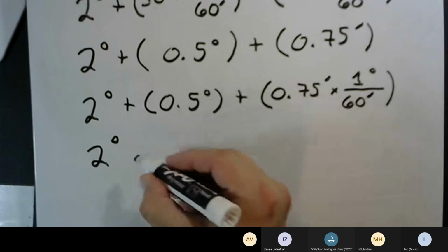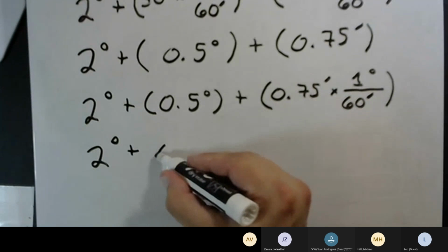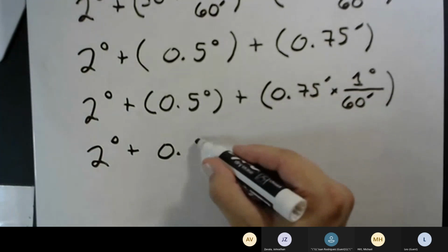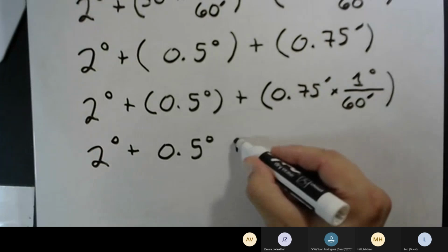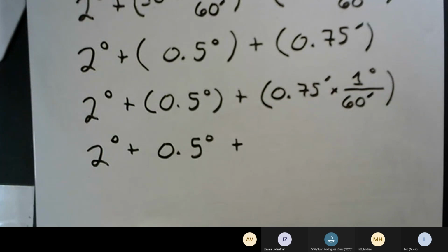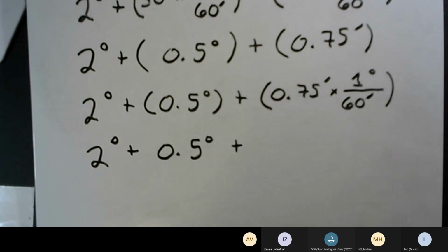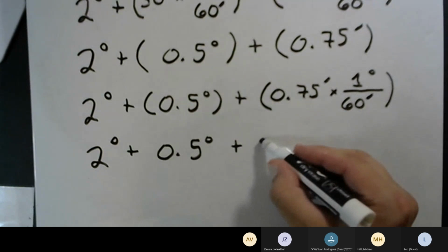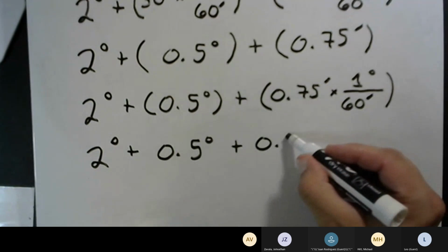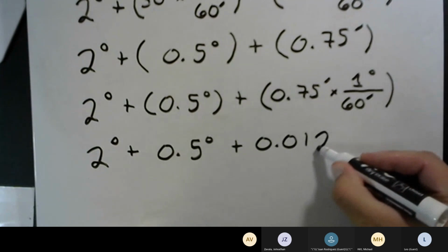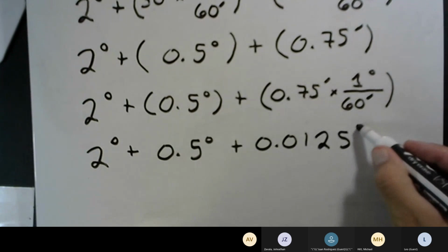This will be 2 degrees plus 0.5 degrees plus, and then let's see here. If you take 0.75 times 1 over 60, we have 0.0125 degrees.